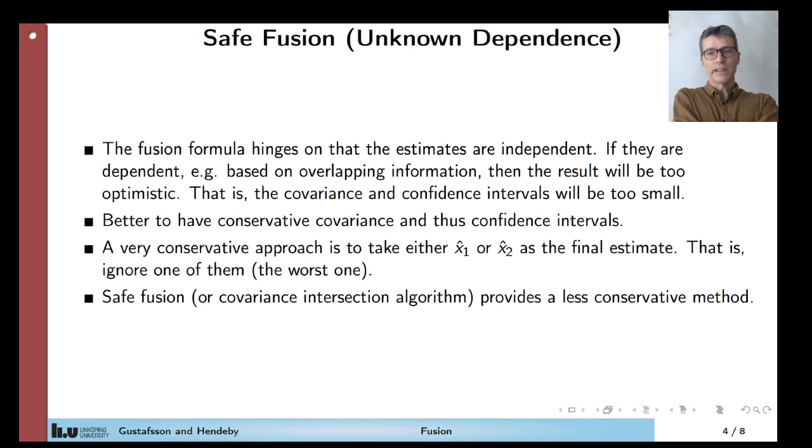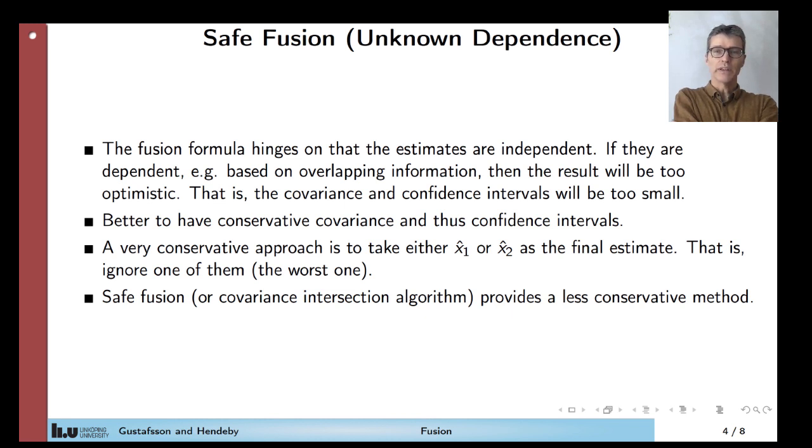So in many cases you get information from many different directions, and your task in sensor fusion is to combine them. But in reality, these kinds of information sources might be correlated.